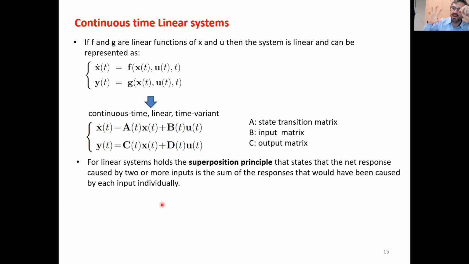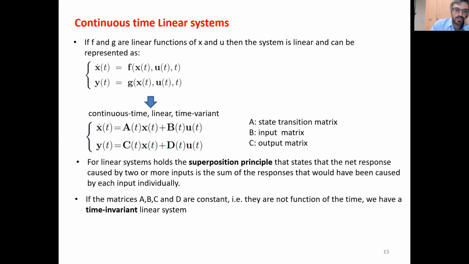So you first apply the first input, check the response, apply the second input, find out the response, and then you sum up. Summing up the two responses is like the response of the system if you activate both inputs at the same time. And this is very, very important and useful.